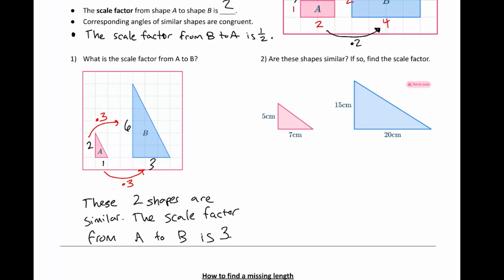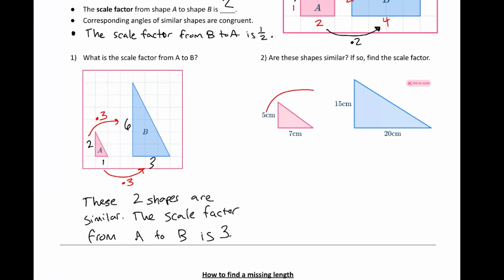We can try to find what that scale factor is. If I take this vertical side, 5 centimeters, to this larger blue triangle, 15 centimeters, that would have a scale factor of 3 because 5 times 3 is 15.